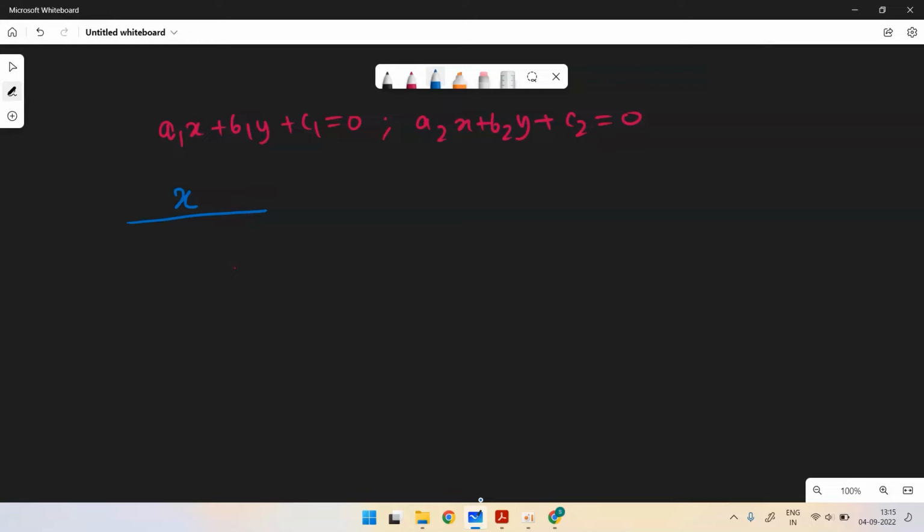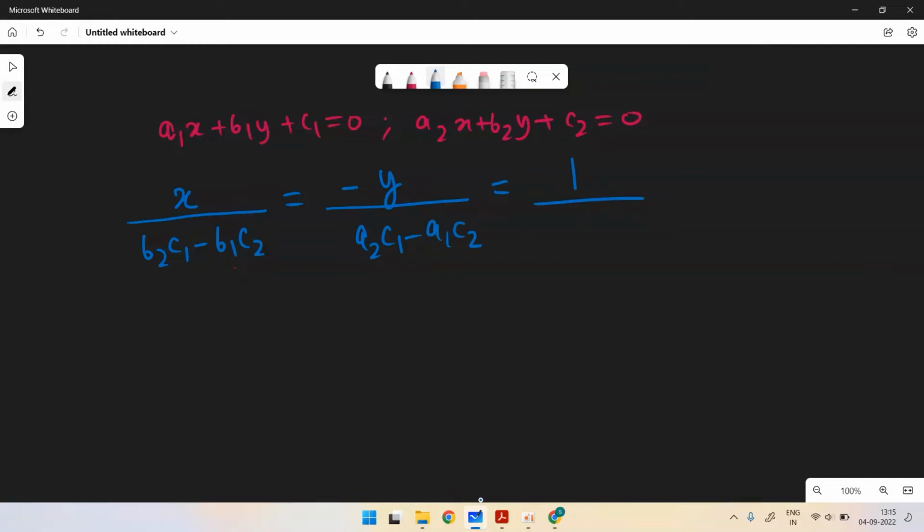So b2 c1 minus b1 c2 equal to minus y by, what was this? And it was a1 and c1 combination. So this is a2 c1 minus a1 c2 is equal to 1 by, what is 1 by?